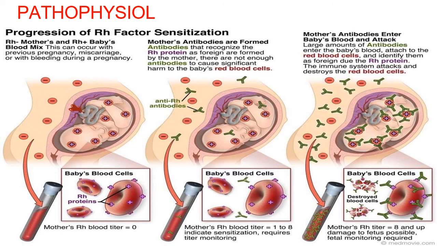So, what we do in our blood bank is, if any female has a negative blood group, we ask for the history. And if the previous baby is RH positive, we do the antibody titer from the mother's blood. If it is less than 1 in 8, sensitization is there, but it is not that significant. But if it is more than 1 in 8, fetal damage can be seen, so fetal monitoring should be done.